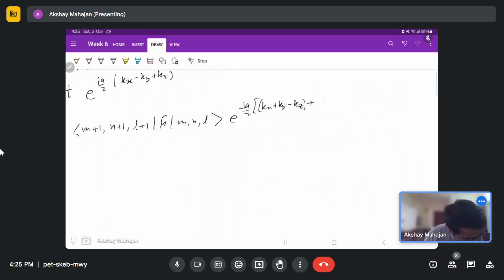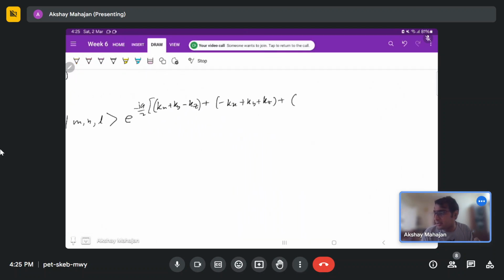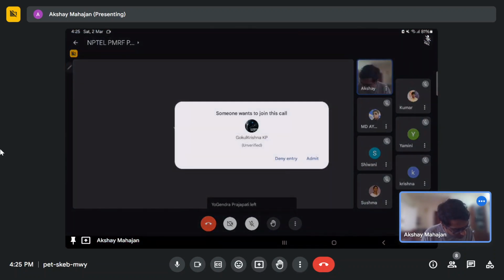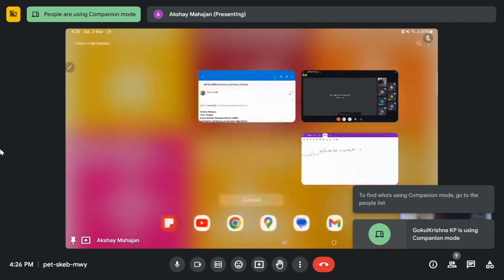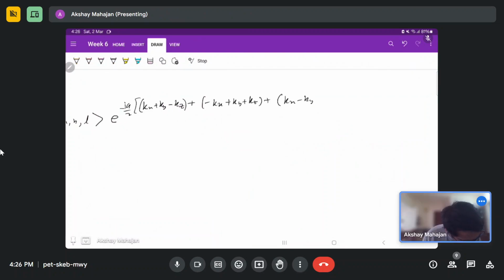Then you will have minus kx plus ky plus kz from the n minus n prime term, and then you will have kx minus ky plus kz.